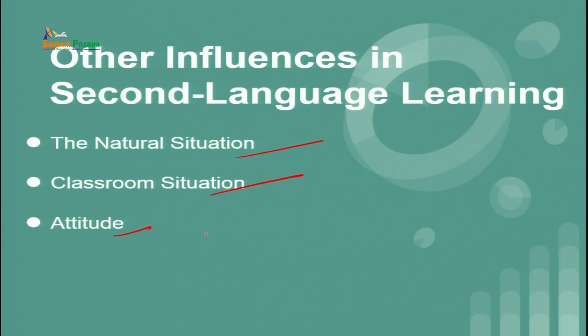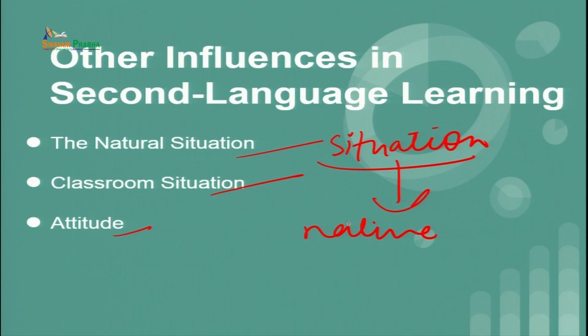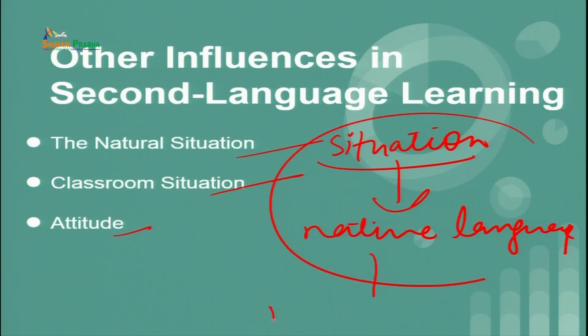A natural situation for second language learning is one where the second language is experienced in a situation that is similar to the native language. One of the important scholars, Steinberg, in 2001, states that children can learn a second language faster than adults, and this happens because of being in a natural situation.